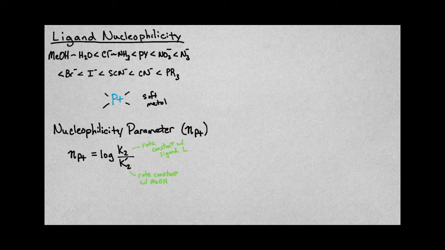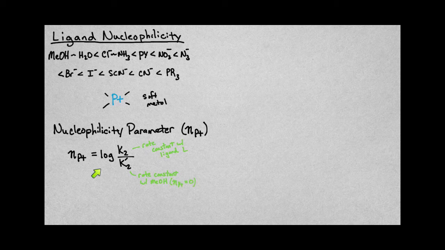So the log of the ratio of any given ligand rate constant over our standard, K2 prime, that of methanol, which is going to be the most sluggish ligand to attack in a substitution reaction at this soft platinum center.